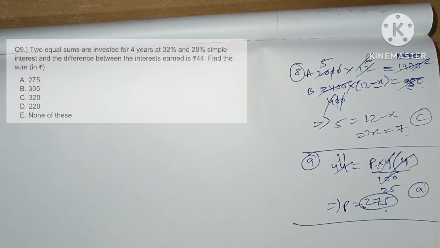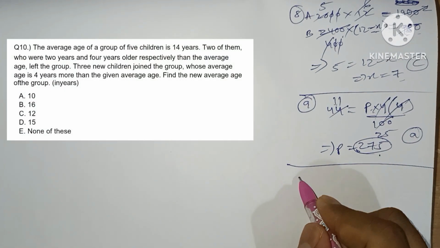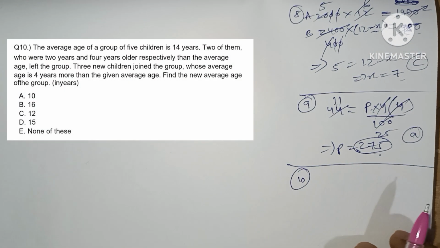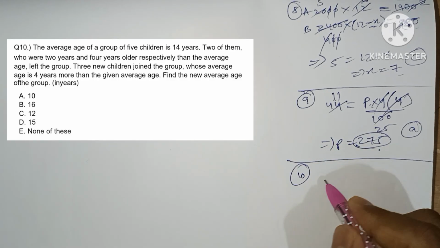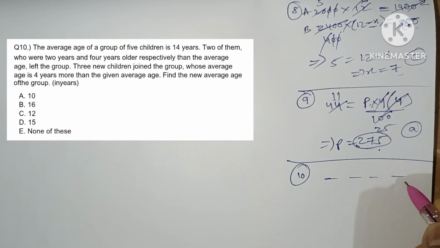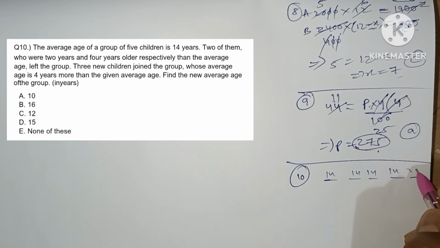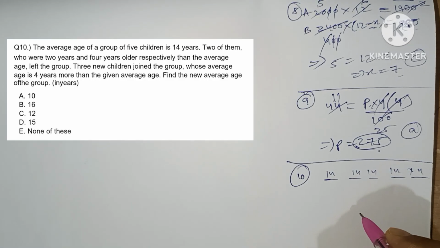Next, let's see the 10th question. The average age of 5 children is 14. So there are 5 children, and the average is 14. Two of them were 2 years and 4 years older respectively than the average age.